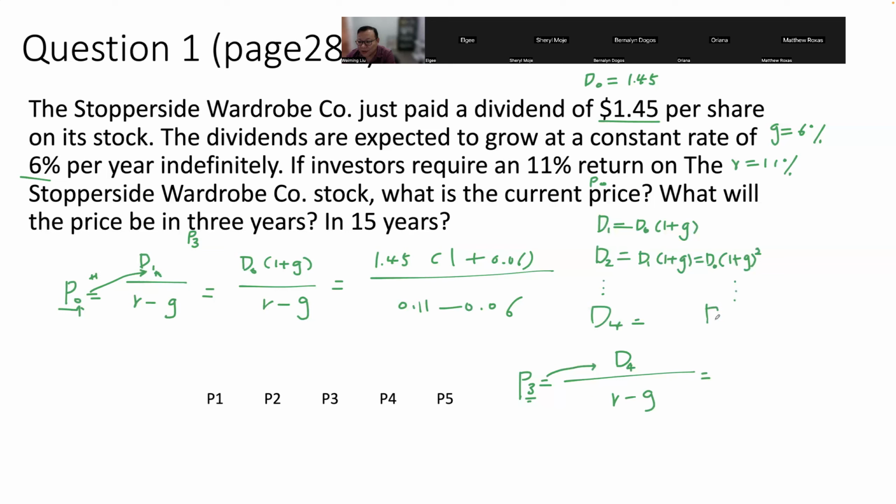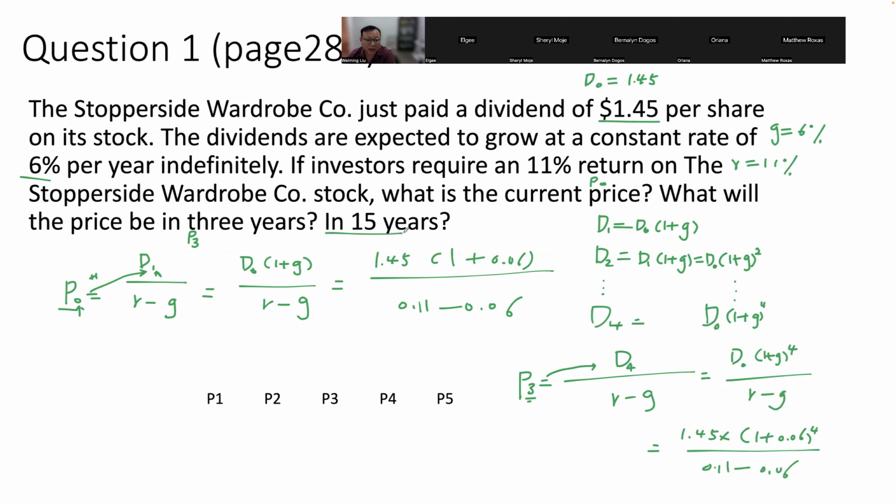Yes, very good, thank you, Oriana. D4 equals D0 times 1 plus G to the power of 4. With that, I can do the calculation, divided by R minus G. My D0 is 1.45 times 1.06 to the power 4, divided by 0.11 minus 0.06. That is my P3.